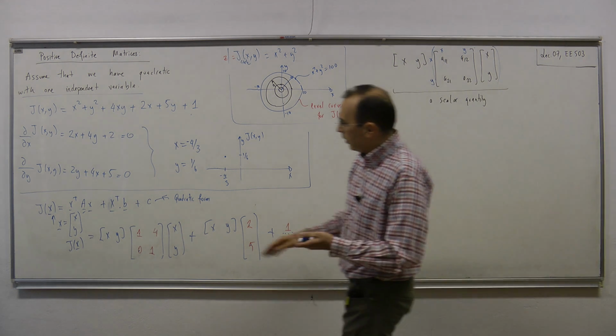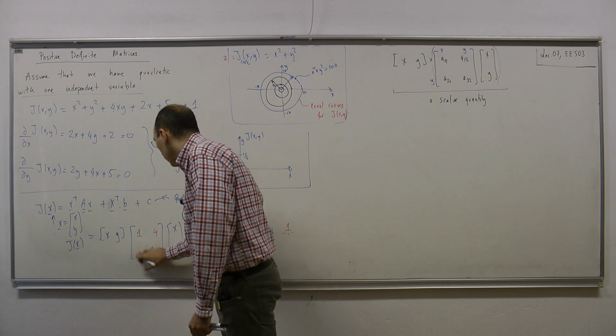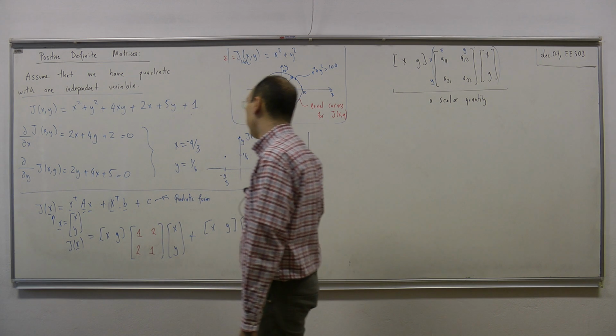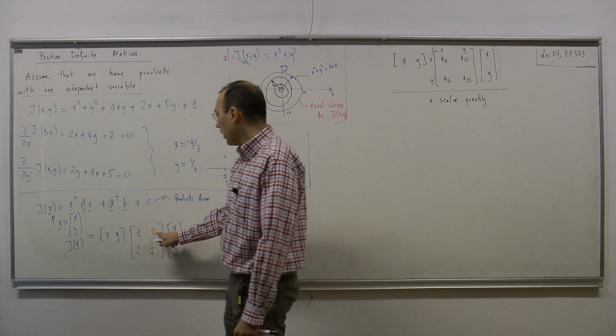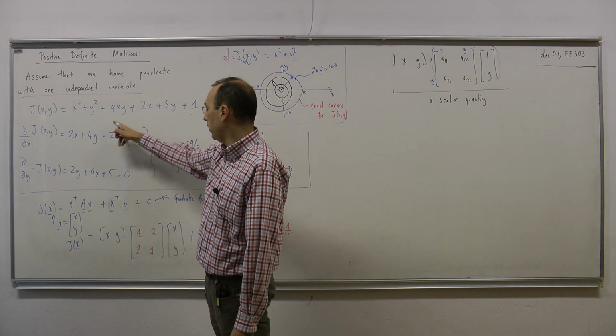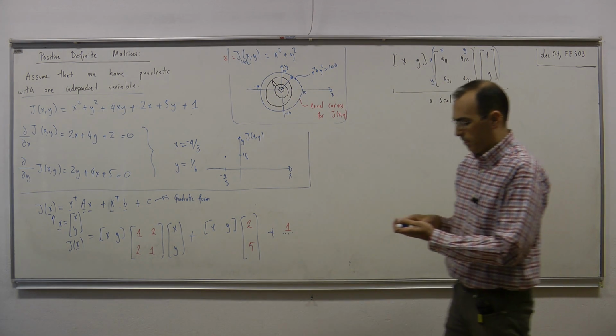So as you see, I have some freedom in the selection of this. So in general, we make this matrix symmetric. So we have 2, 2. Okay? So the case is, I have 2xy plus 2xy, making 4xy, and that will be it. So why do we prefer symmetric matrices?